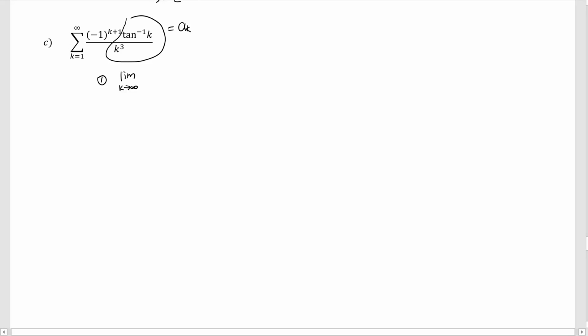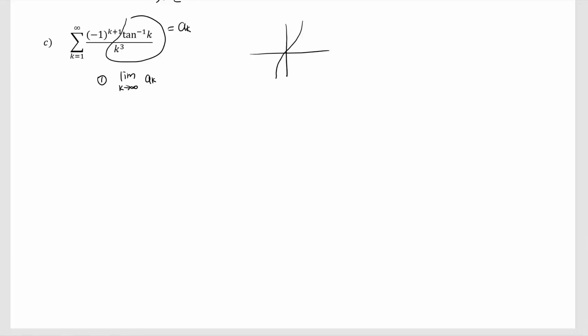So when k goes to infinity, do you know what is arctangent of k? Well, we look at the graph of tangent. Arctangent of k means, when we look at the graph of tangent x, when the y value goes to infinity, what's the x value?